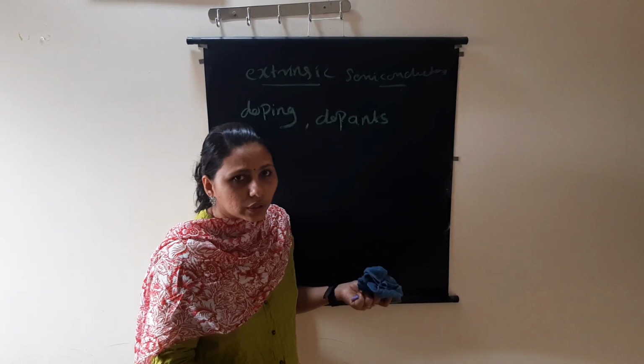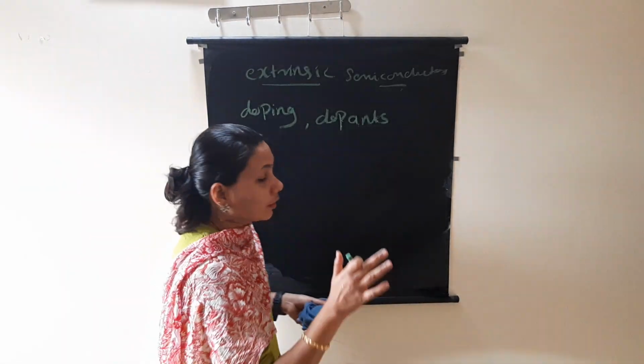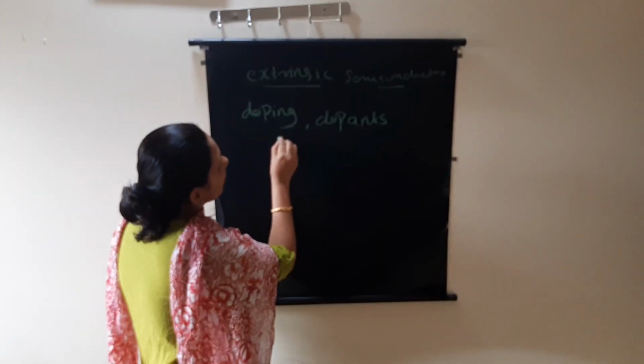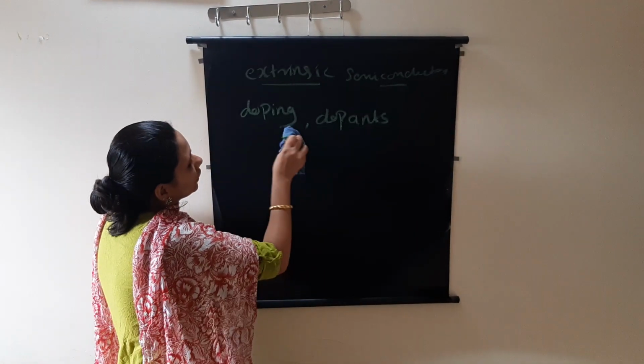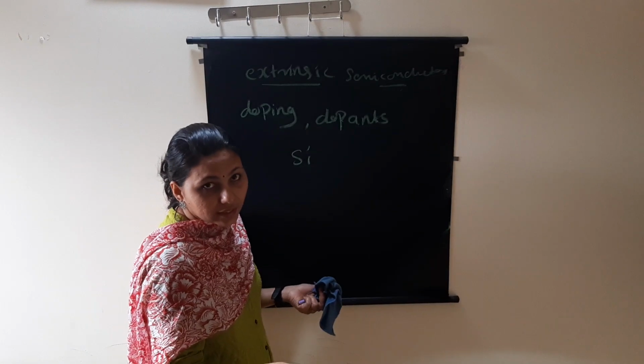Mainly we add two types of dopants, which may have higher or lower valency than the host ion. What does that mean? Suppose we are doping silicon, Si. Silicon is an intrinsic semiconductor.